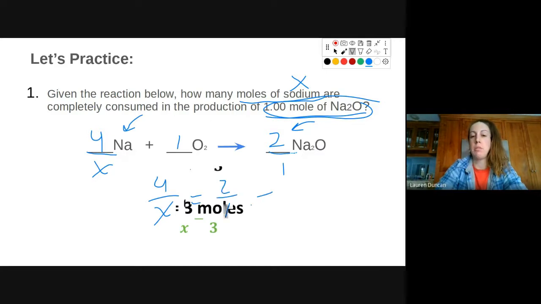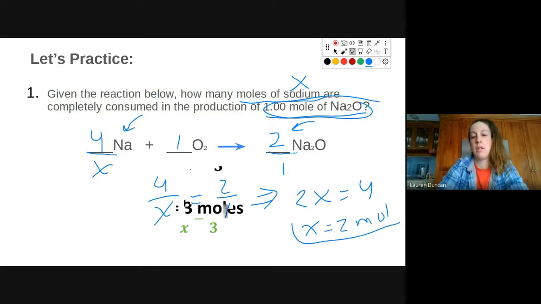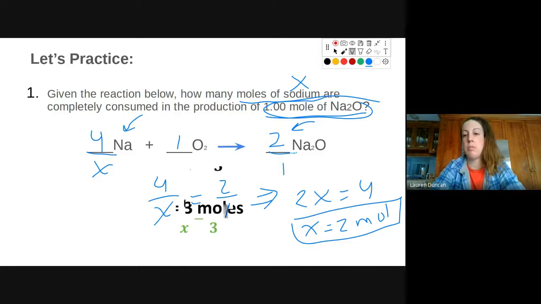I would cross multiply. 2X equals 4. Divide by 2. 2 moles. I would need 2 moles of sodium to produce 1 mole of sodium oxide, Na2O. Okay, logically or using a proportion, that's how you solve that.